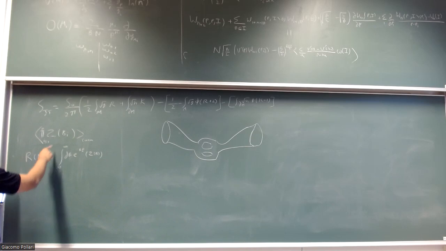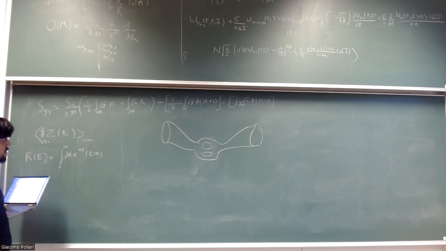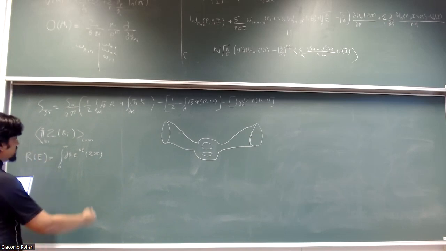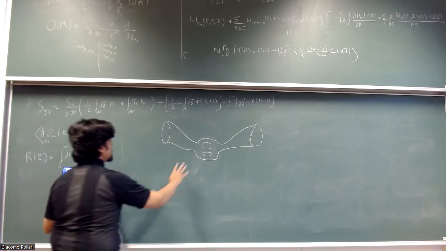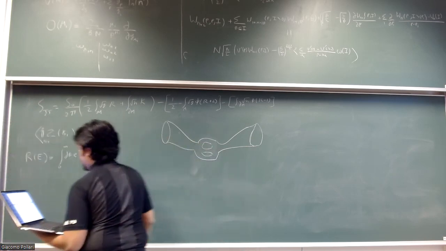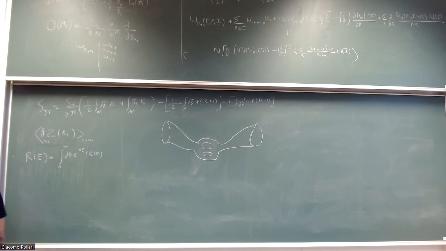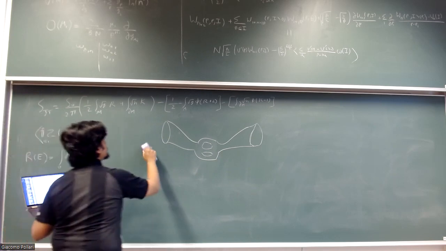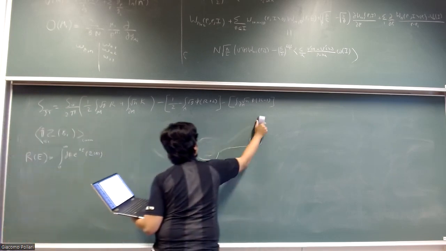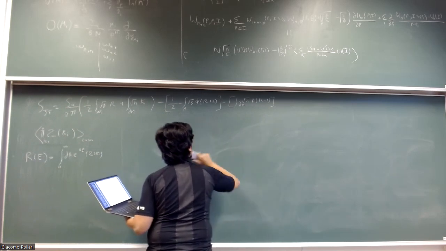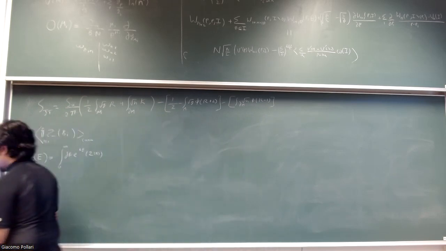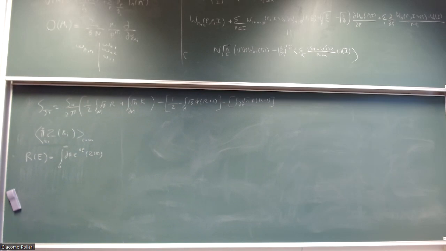Here, of course, we haven't taken genus ordering into effect yet. It's something in the bulk with two boundaries inside, and they have radius beta one and beta two. Yeah, so now we have something like this.